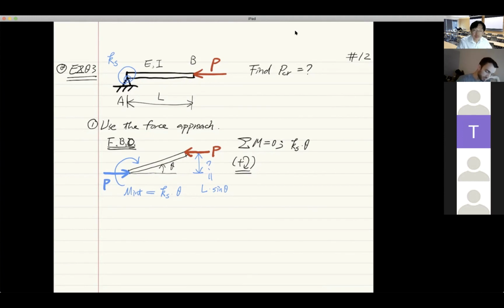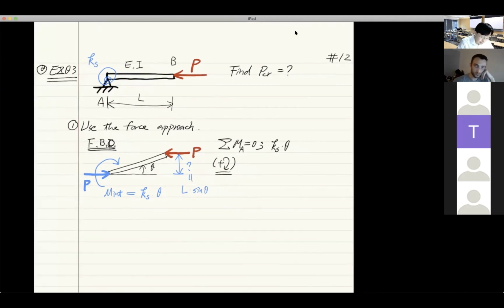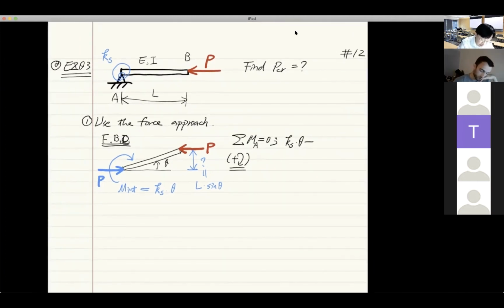And we are taking the moment with respect to point A. So the moment produced by this force, denoted by the red arrow, P, is going to be negative. So that's going to become Ks times theta minus P times L times sine theta equals 0. Correct?